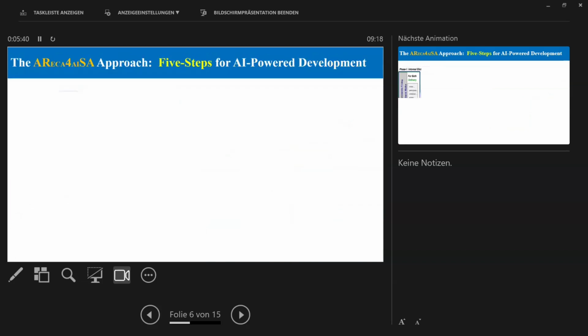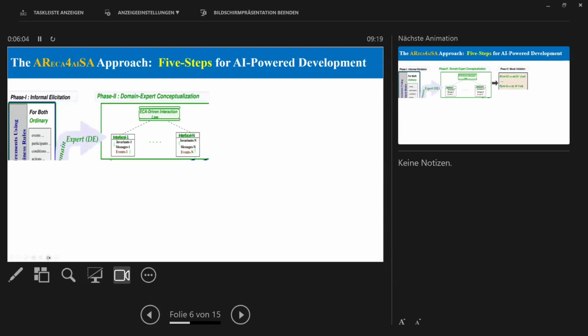Now, when we put all these software engineering concepts together, we arrive at our approach, which is five-step based. The idea is, if we don't need machine learning, then the process goes this way.